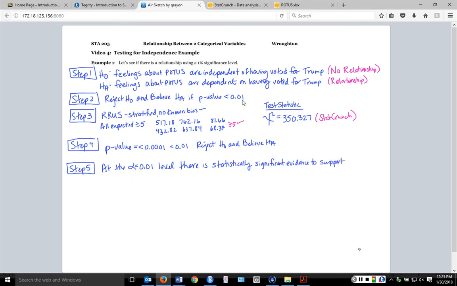Remember, our last thing is our alternative hypothesis, but in words, and it already is in words. So there's evidence to support that feelings about the president are dependent on having voted for Trump. Or in a sense, there is a relationship here.